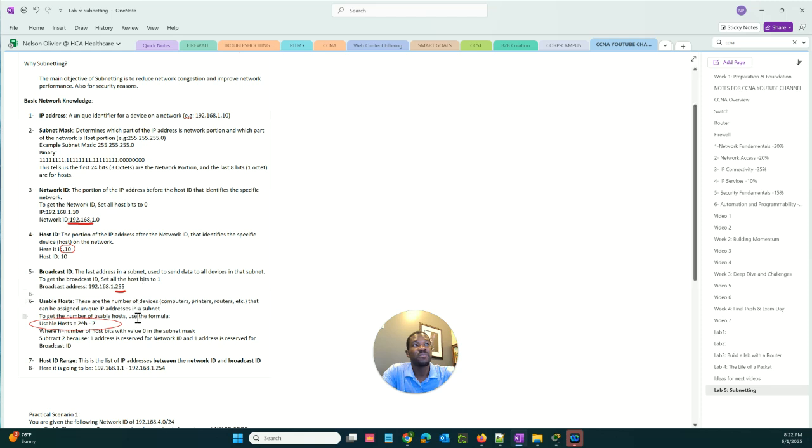There's a formula to get the number of usable hosts. Not all the hosts are usable because there are some host IP addresses that are reserved for the network ID or the broadcast IP.